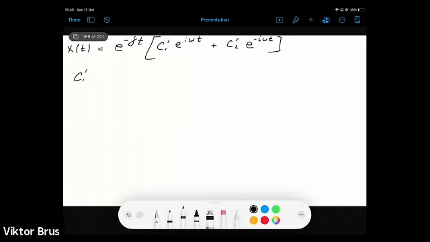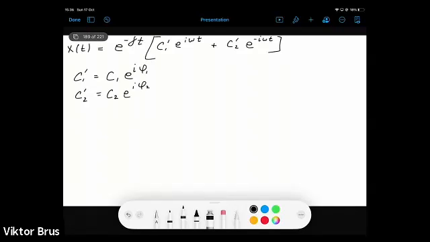Now C1 prime, as a complex quantity, some complex constant, we can express in complex format. So it's some constant C1, which is a real constant, times e to the power i phi1. And constant C2 prime, the complex constant, is C2, already a real constant, times the same complex quantity, e to the power i phi2.